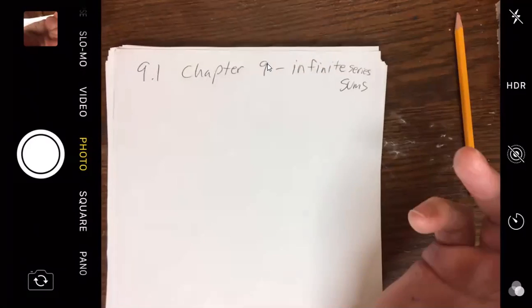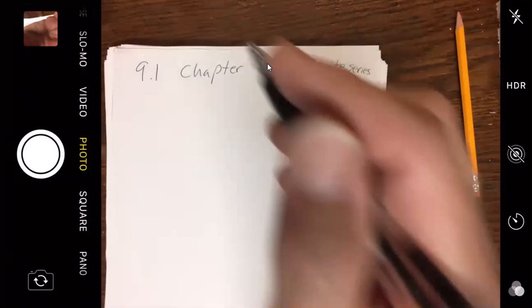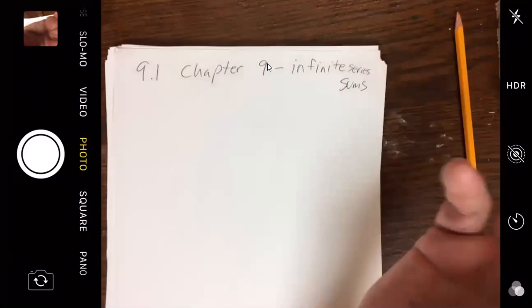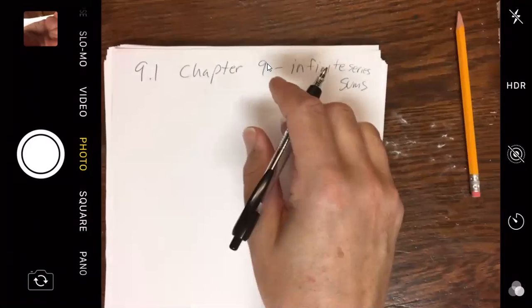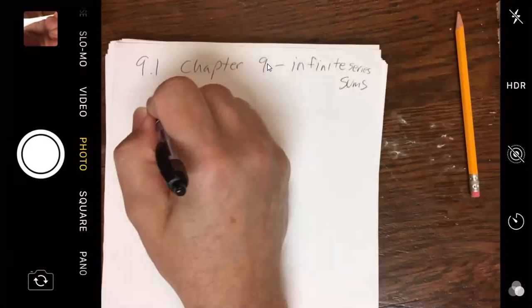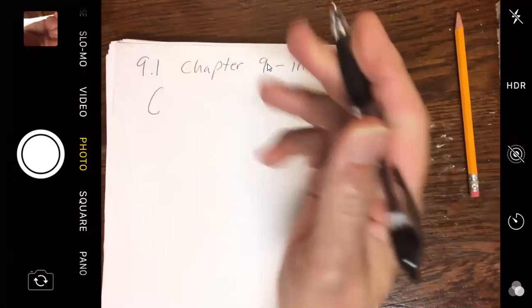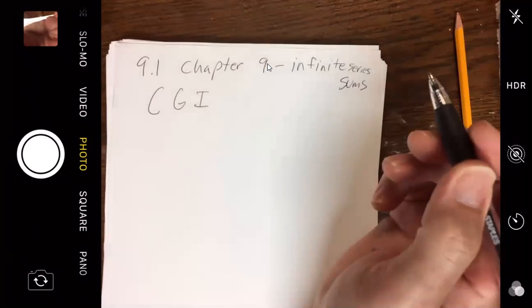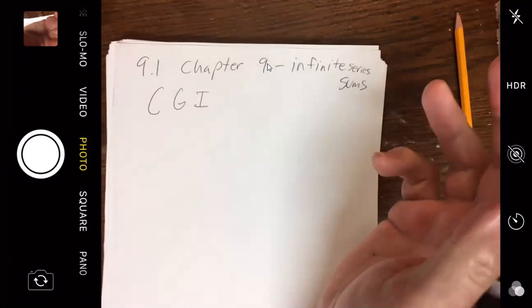Y'all go to the movies, right? Not anymore, but yeah, you have been to the movies. Well, I'm sure you've heard the abbreviation CGI. Computer graphics.